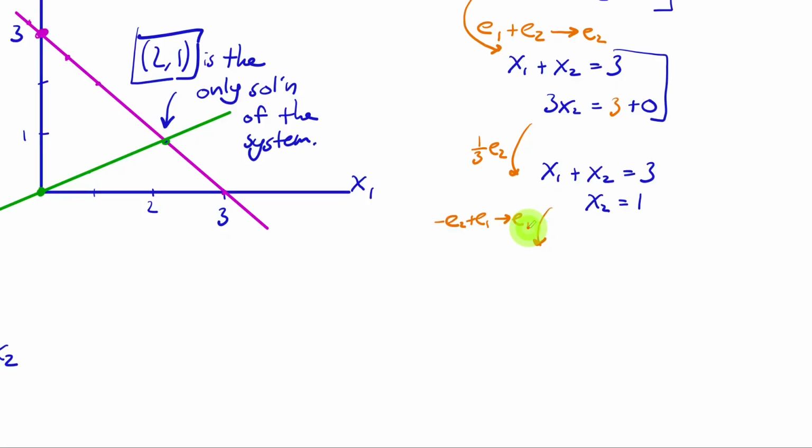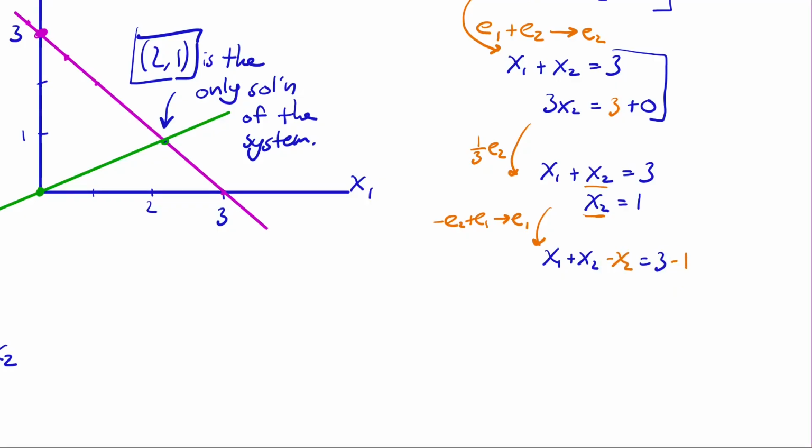And the reason for that is we want to do negative x2 plus this x2 to make it cancel out. So that's going to be x1 plus x2 minus x2 equals 3 minus 1. And the second equation that we still want to write is still x2 equals 1.